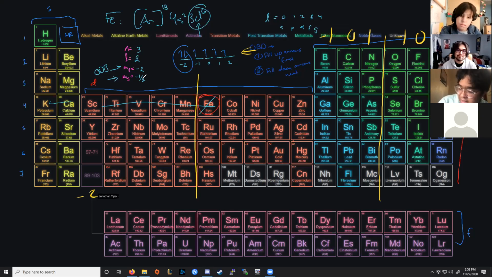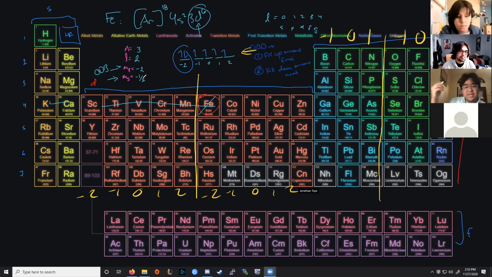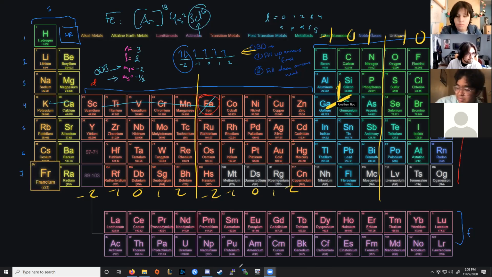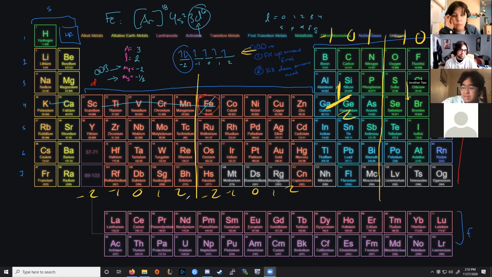We filled up -2, -1, 0, 1, 2, and then we would do the down arrows again, -2, -1, 0, 1, 2. And because we split it in half, we can do the positive and negative 1/2s. Because we filled out that positive 1/2, if it's on the left side of that little half we made, that's going to be positive. If it's on the right half, then that's going to be negative.